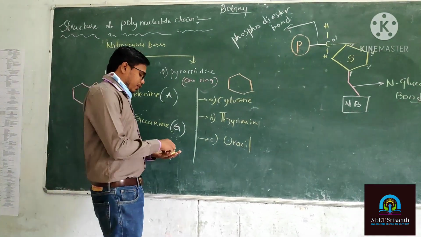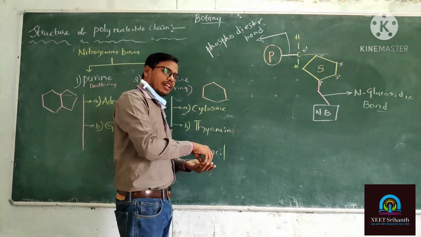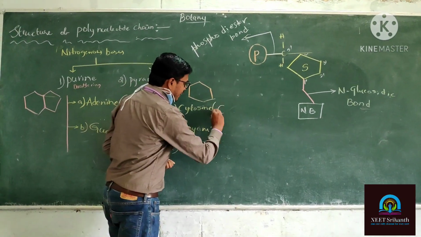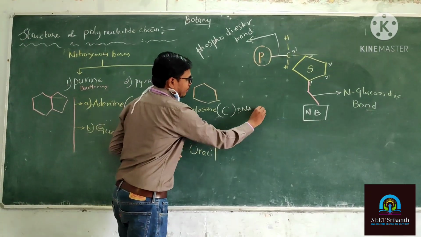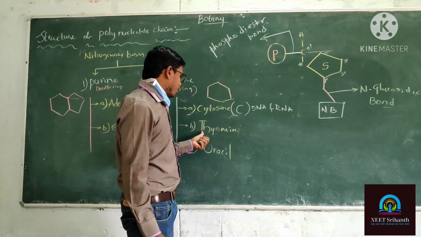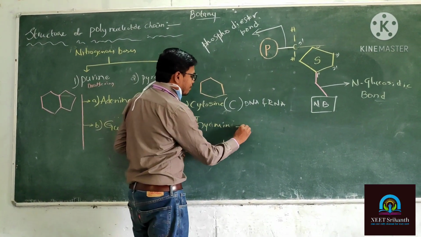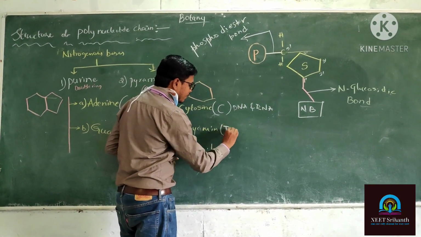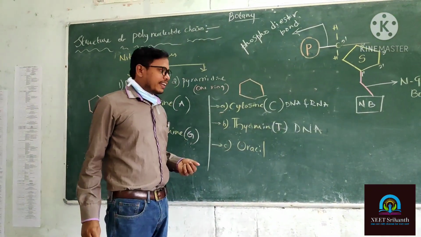So here you can observe the cytosine. The cytosine is present in both types of nucleic acids. In the DNA, cytosine is there, and RNA also has cytosine. Both nucleic acids have cytosine. Whereas you can observe that thymine is only present in the DNA.